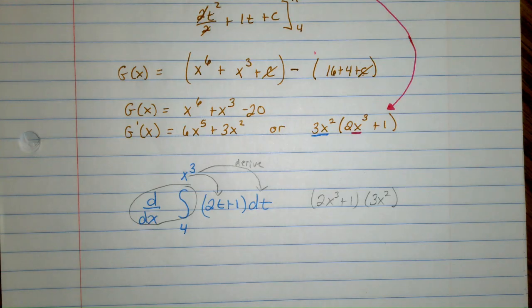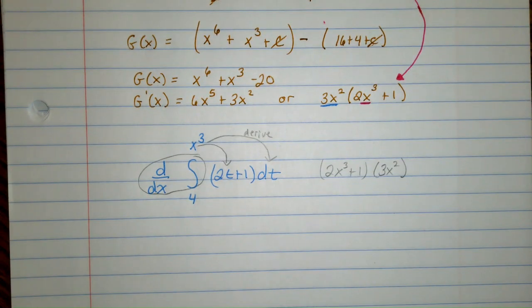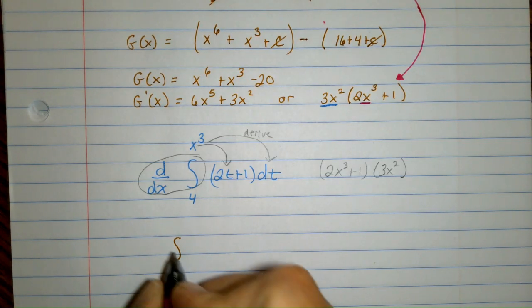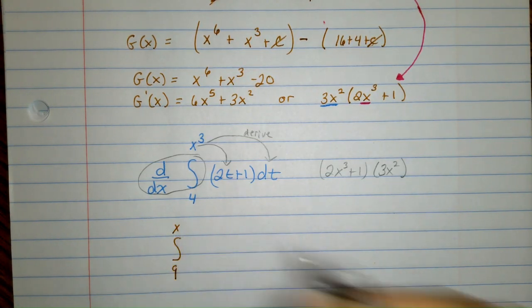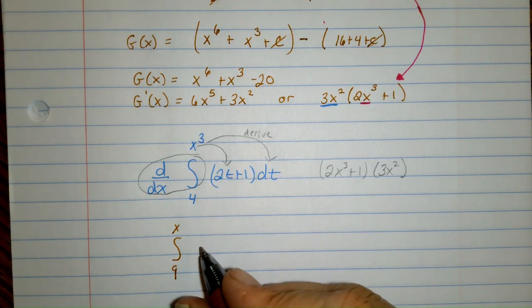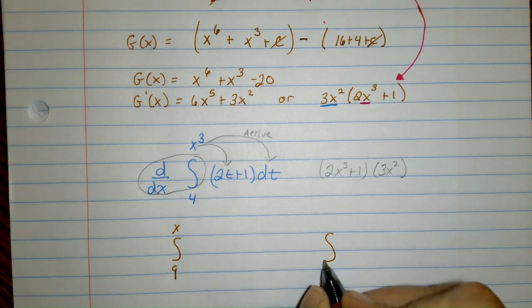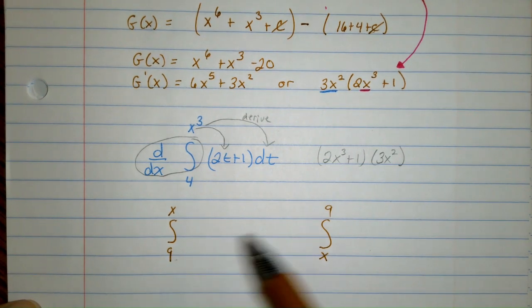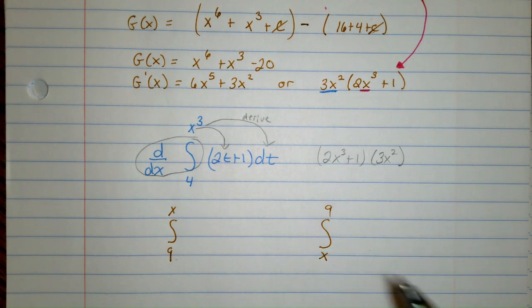If not, I've had this question: what if I have 9 to x versus this? Well, normally we do F of b minus F of a. Well, if here you do F of b minus F of a, think about your subtracting. See, that's just changing signs.